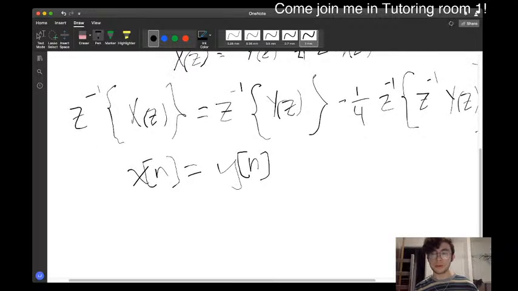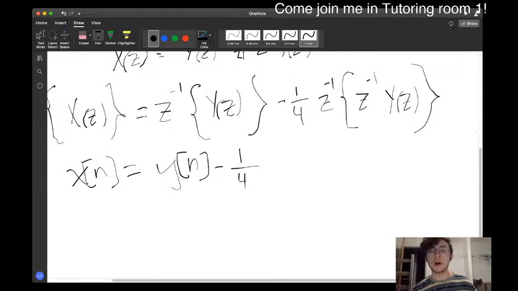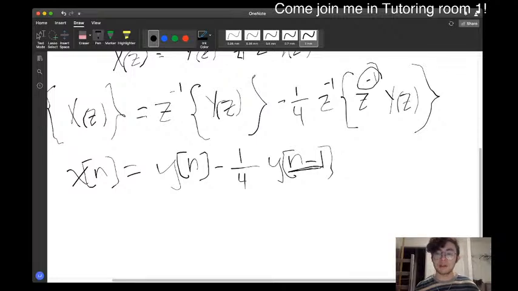And then minus 1/4 times the inverse z transform of Y(z) times z inverse. So what is that? Remember the time delay property. Whatever's in the exponent here, you can just bring it out into the time domain by taking that exponent and dragging it over. That's the idea.